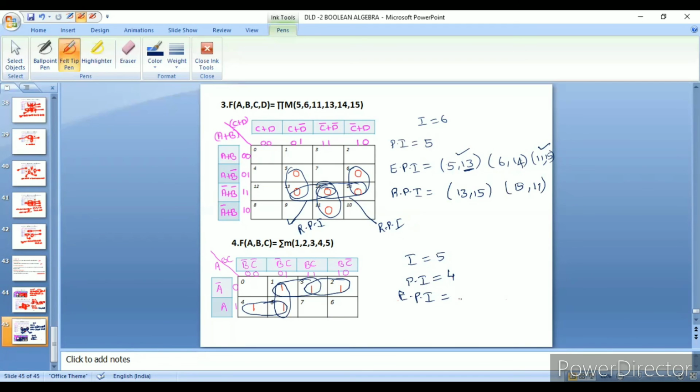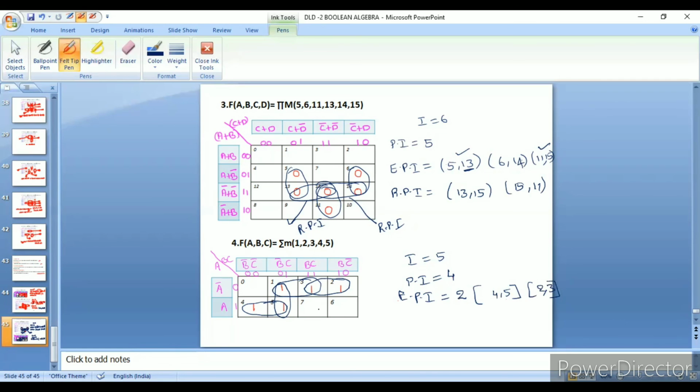The essential prime implicants are 2, because this 4 in 4 and 5 is covered only one time, and this 2 is also covered only one time. So the two essential prime implicants are 4 comma 5 and 2 comma 3.